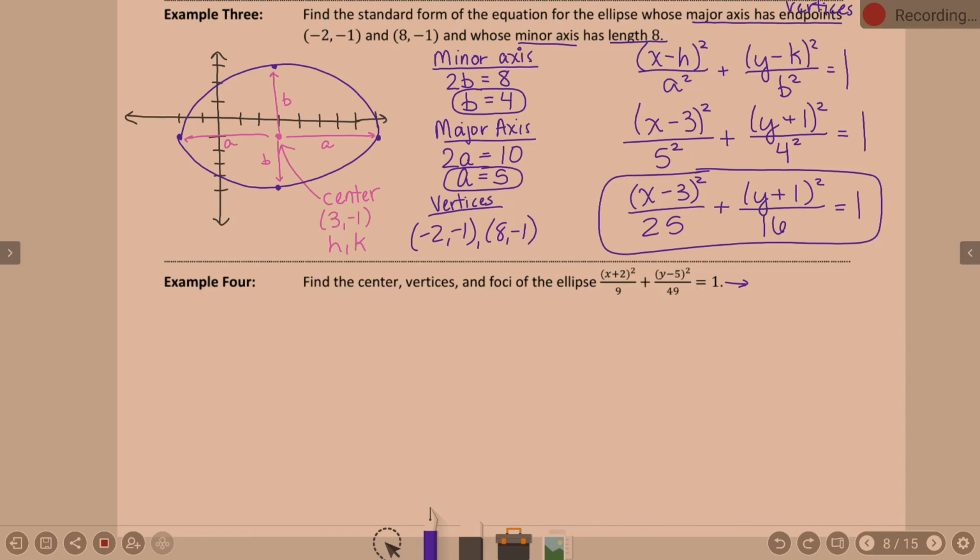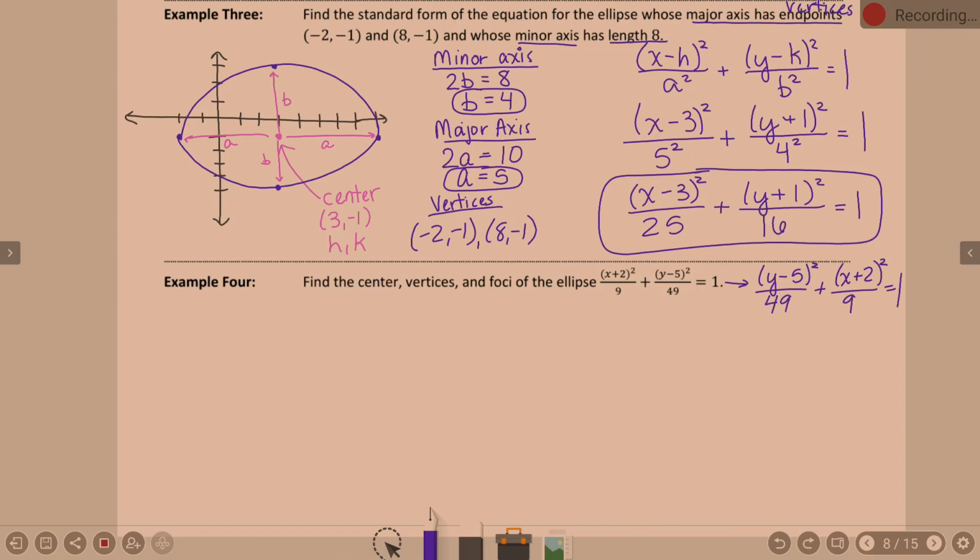For the purpose of this problem, I'm going to flip this then. This is y minus 5 squared over 49 plus x plus 2 squared over 9 equals 1. That's what you really need to think about.